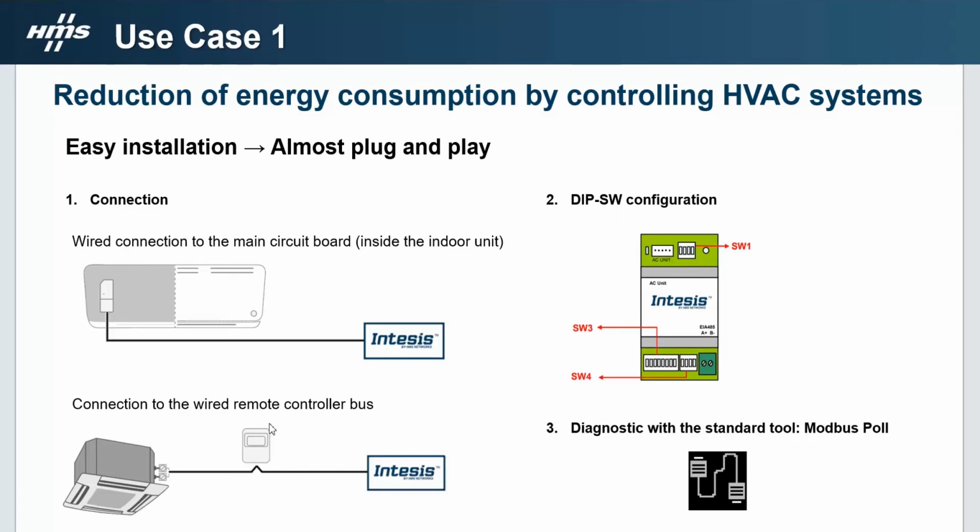manufacturer. So once we have the gateway connected, we have to configure the DIP switches that are available in the interface. Here you will need to set up, according to the Modbus installation you have, the Modbus slave ID number and the Modbus baud rate, and for example, some configuration according to the AC unit or the AC model of the manufacturer.